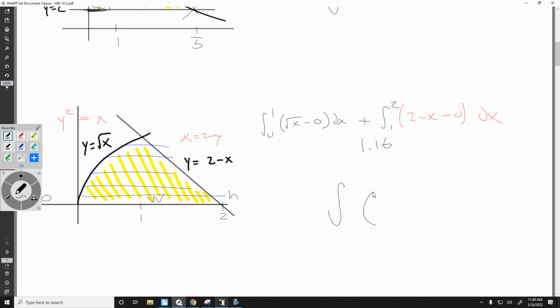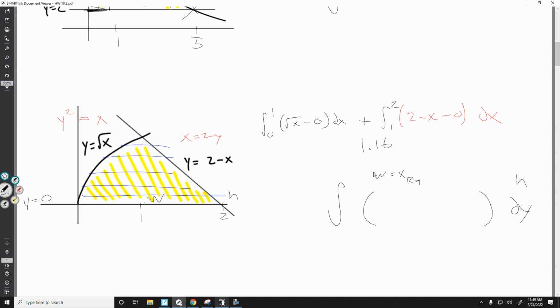Okay, good. So you know you have dy for your height. You know your width is an x right minus an x left. The x on the right is x equals 2 minus y. The x on the left is x equals y squared. And obviously we go from 0 to 2, right? Because that's all the values we've always used.